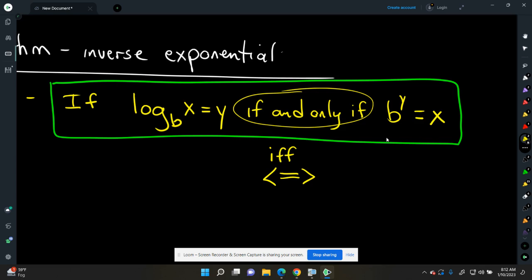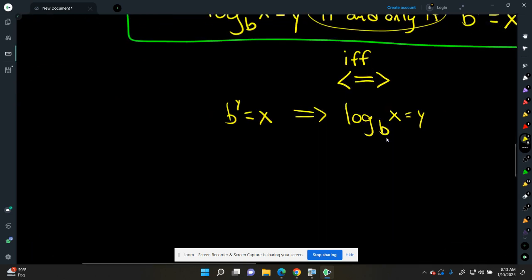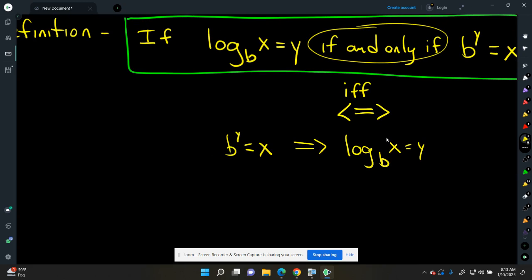Okay, so we're implying both directions. So that means if I have an exponential function, b to the y equals x, then that implies that log base b of x is equal to y. Okay.